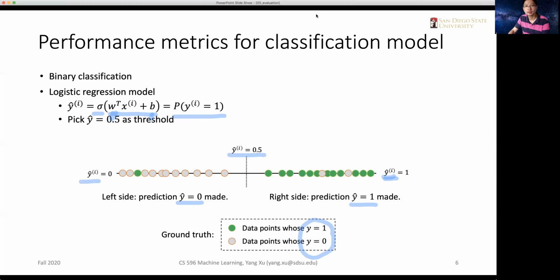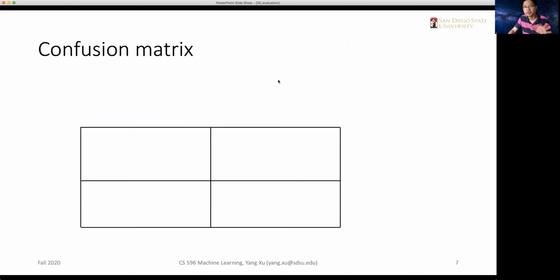Okay, so the way we do that is to first draw something called a confusion matrix, or you can simply think of it as a 2x2 table. It's nothing more than a table actually. It's a way to visualize the performance of a classification model.